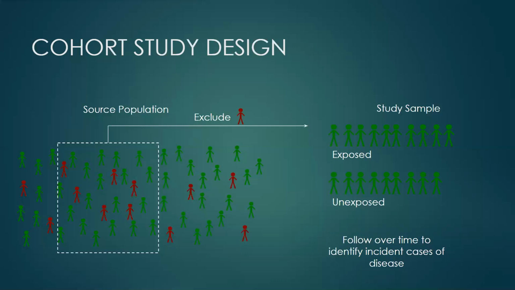And cohort studies tend to take longer. As a result, typically, we're following people for a long enough period of time that we get enough incident cases of the outcome. So for example, if you were looking at a chronic disease, many of those take years or even multiple decades for people to develop disease.